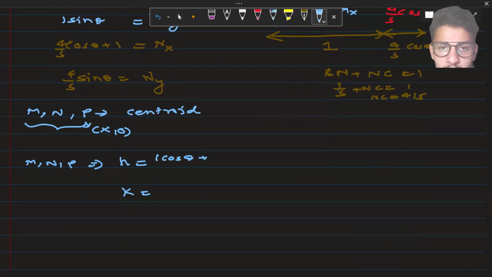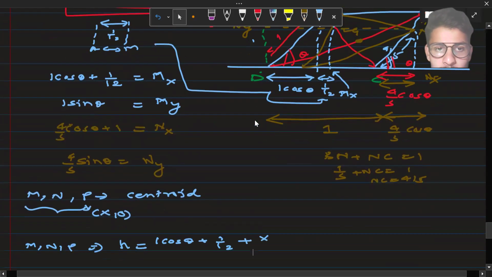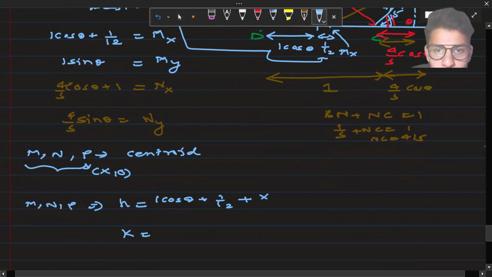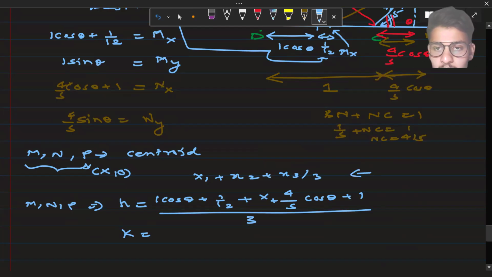1 cos theta plus 1/12 plus x plus 4/5 cos theta plus 1, divided by 3. This is the x coordinate. It is the formula x1 plus x2 plus x3 by 3, where x1, x2 and x3 are the vertices of the triangle.